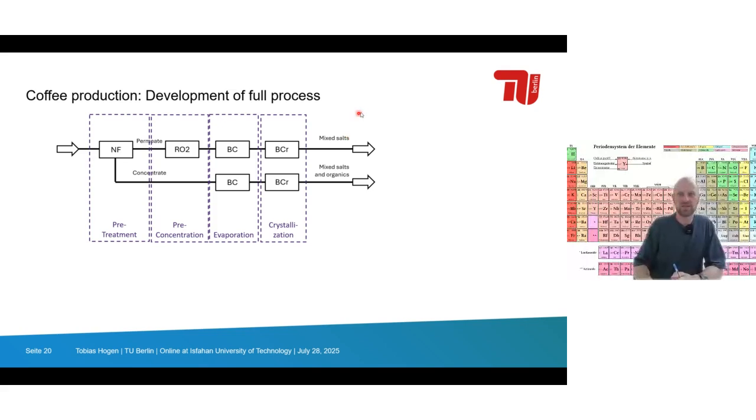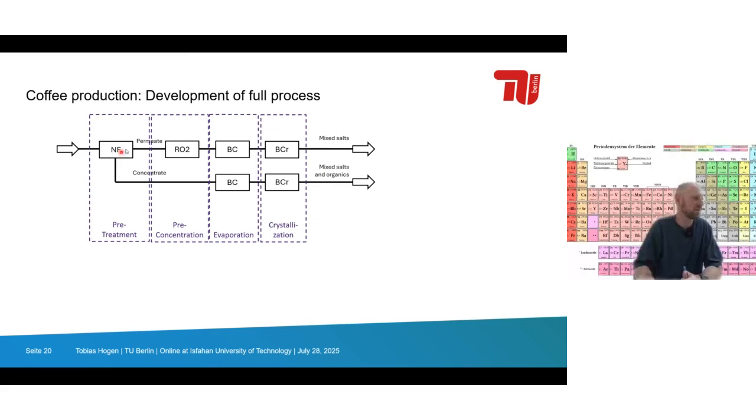The automatically generated proposal looks like this. We have one feed. Of course, we have neglected all these water streams for recycling, for simplification of the display. So we have only two residue streams: the mixed salts for mine backfilling with low organics, and another stream, mixed salts with organics.